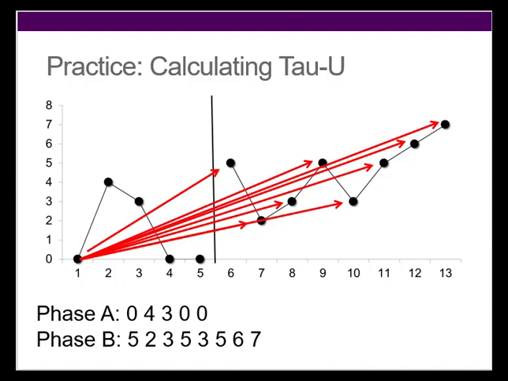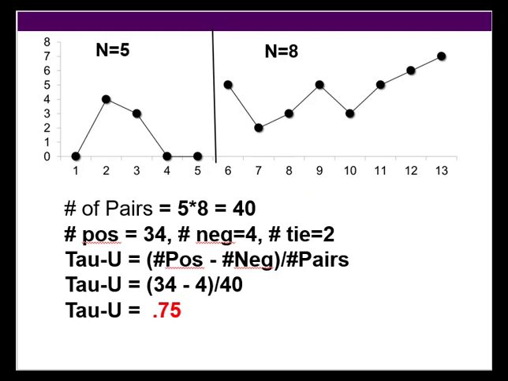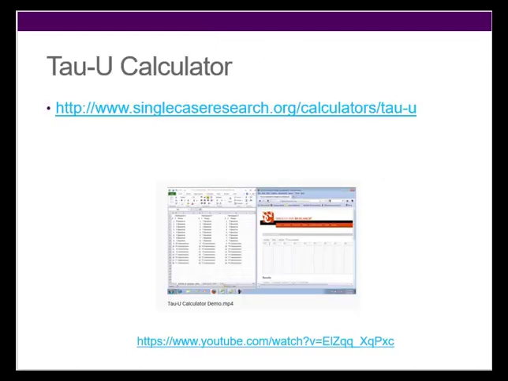This results in a positive, negative, or tie for each pair. And then we use the formula to calculate a Tau-U score. For those of you not wanting to do a calculation by hand, I've linked on Canvas the Tau-U calculator and also a video demonstrating how to input and run your calculations on this Tau-U calculator.